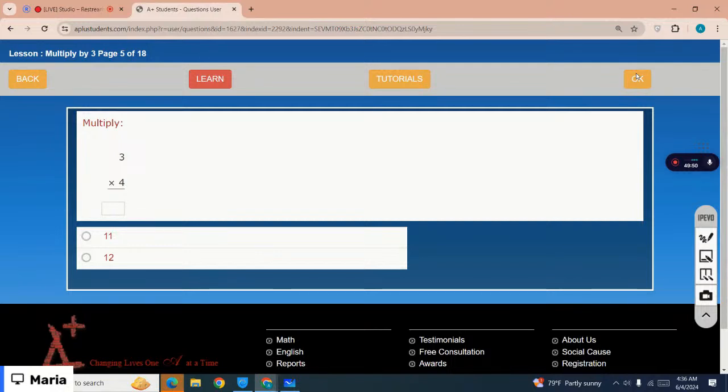3 times 4, which is the correct option? 3 times 4 is 12.